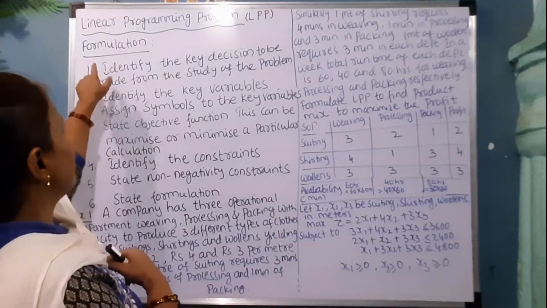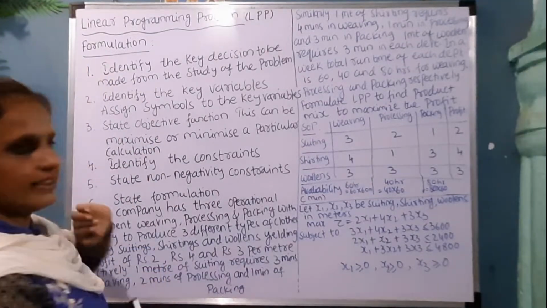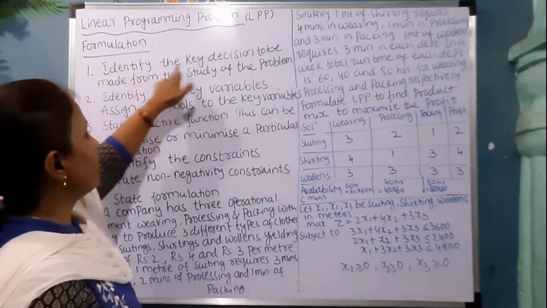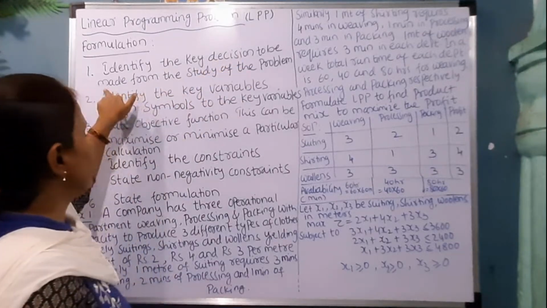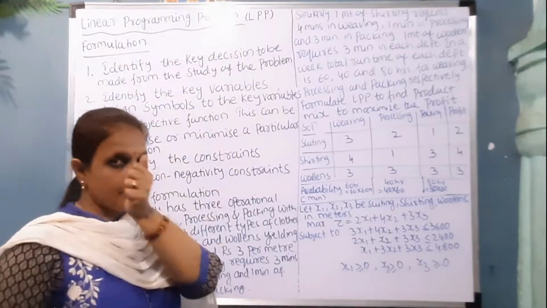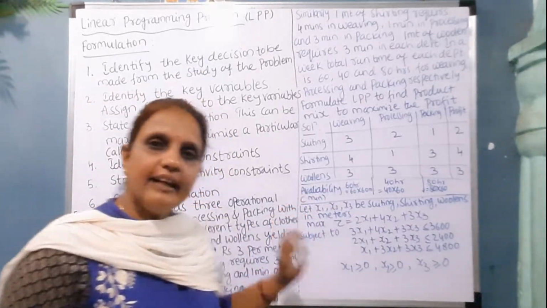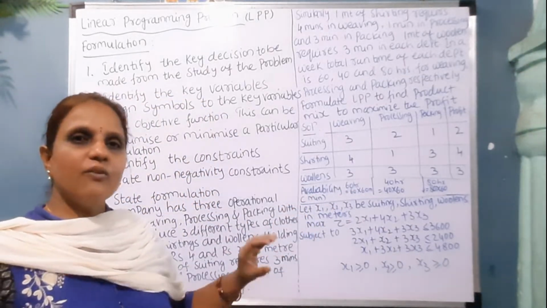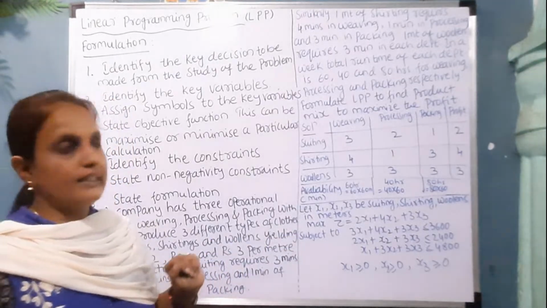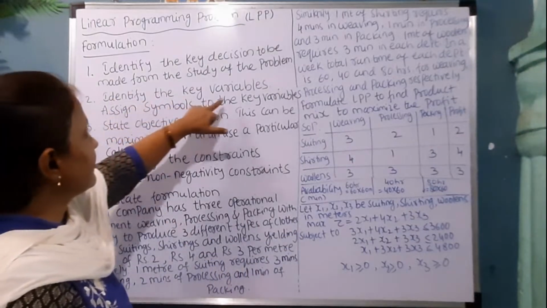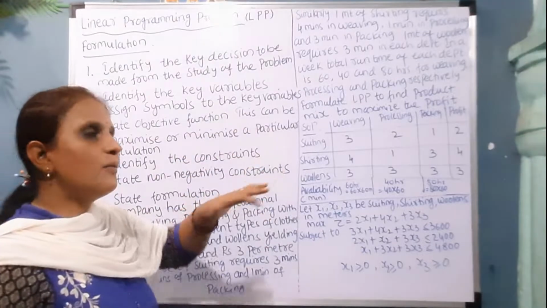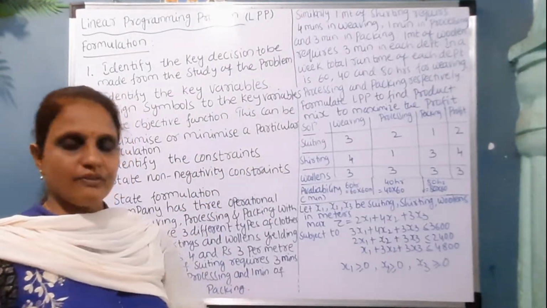So for formulation we have certain steps. First thing is to identify the key decision to be made from the study of the problem. Once the linear programming problem is given, in that we will find what decision we have to make. Then next, identify the key variables. In a problem, how many variables we need, which variables we have to take.